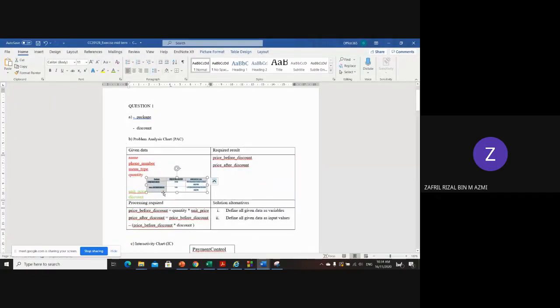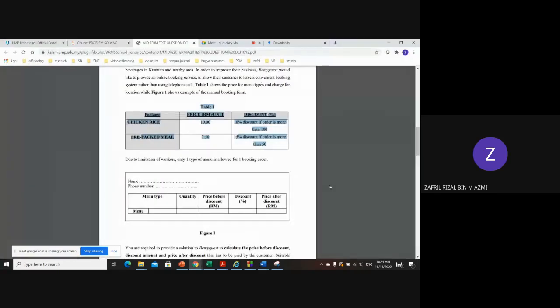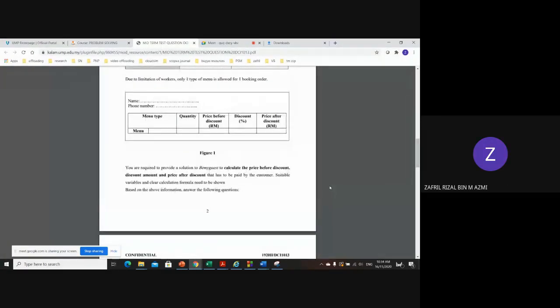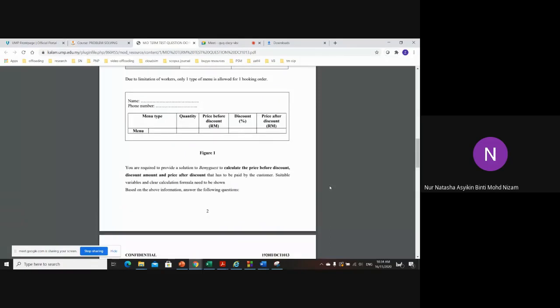Put it anywhere, like that. So this is the answer, the required result. Just put the table like that in the given data. Yes, put the table only.